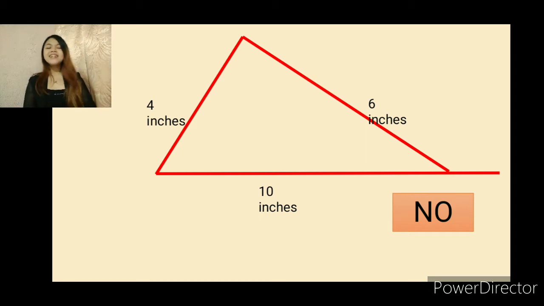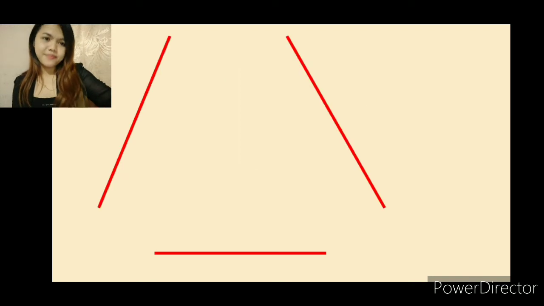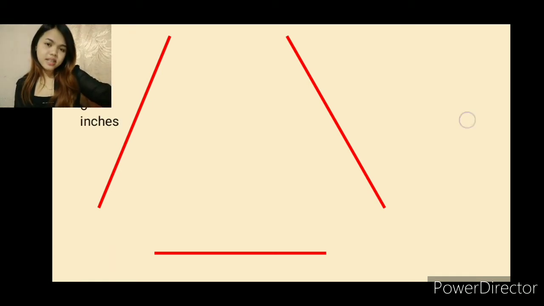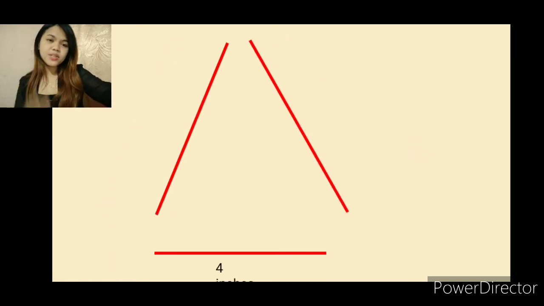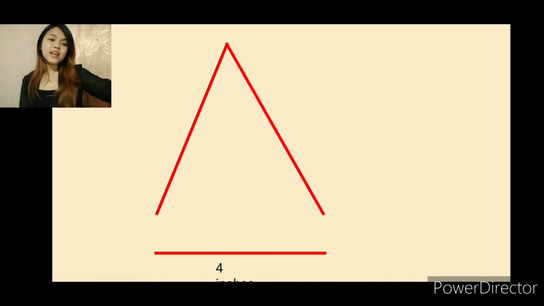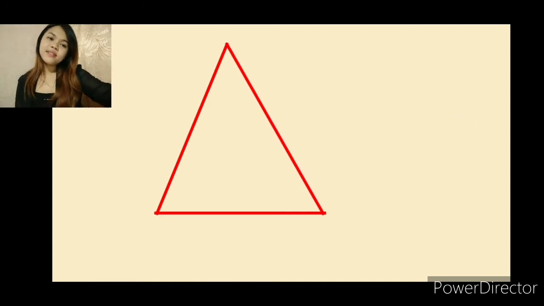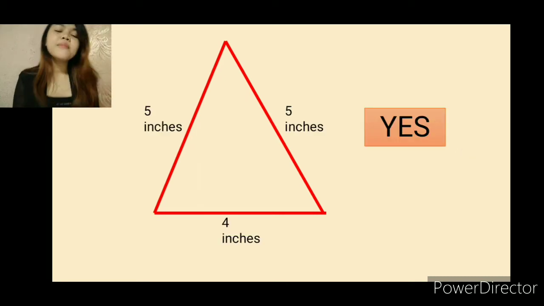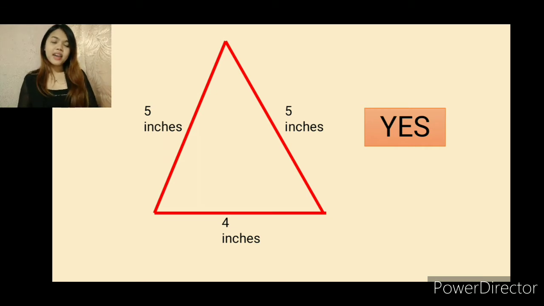Yes? Okay, yes. So class, we still have group 5, the last but not the least. What's your answer, group 5? Let's check if your answer is correct. That is yes. So the lengths form a triangle. You have 5 inches, 5 inches, and 4 inches.